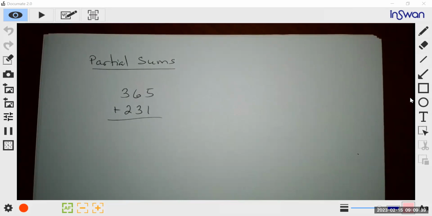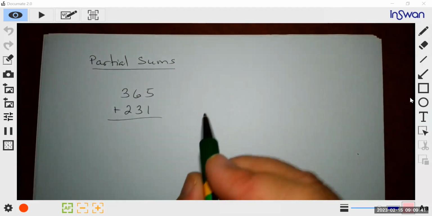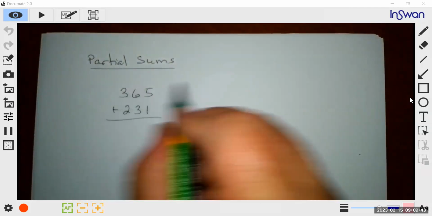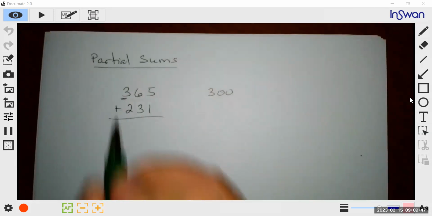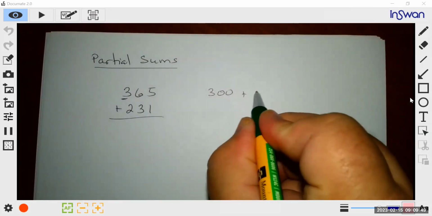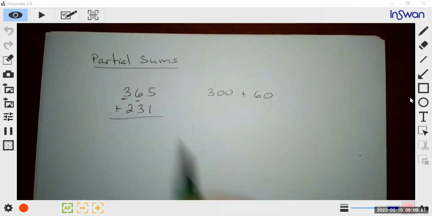Partial sum is just this. Take each number. So on the top, we have 300. That's that one. Plus 60. That's that number.